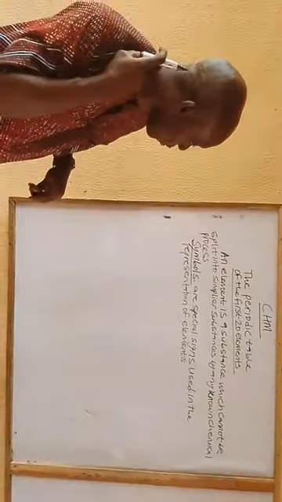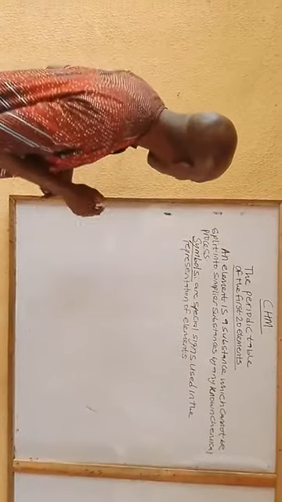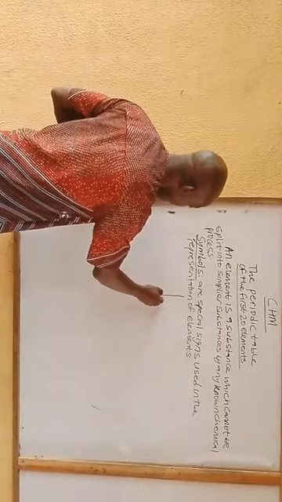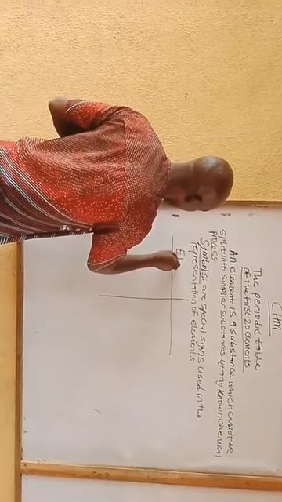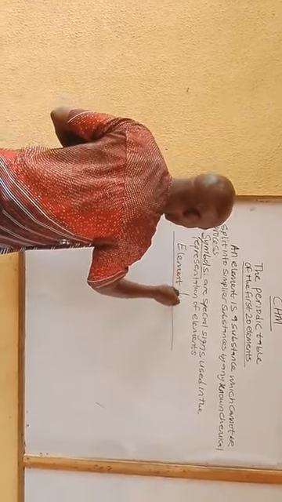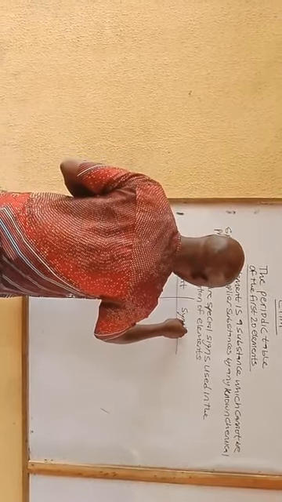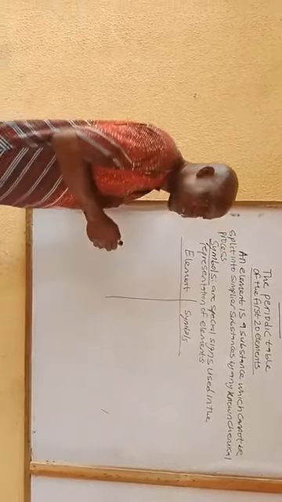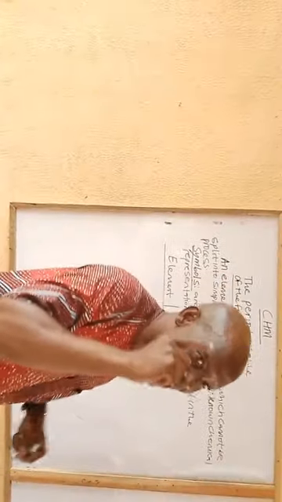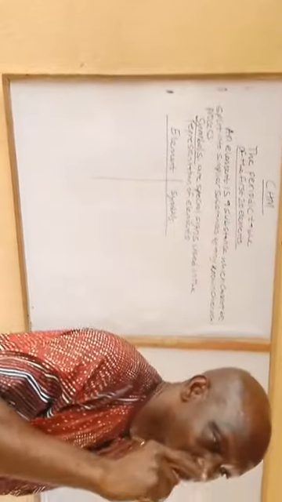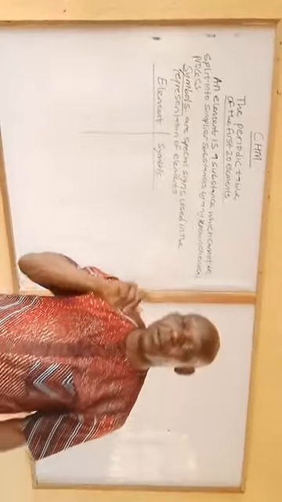Now let's look at some examples before we go to the periodic table. Elements and their symbols. Before I go on, the symbol of some elements is just the first letter of the element.